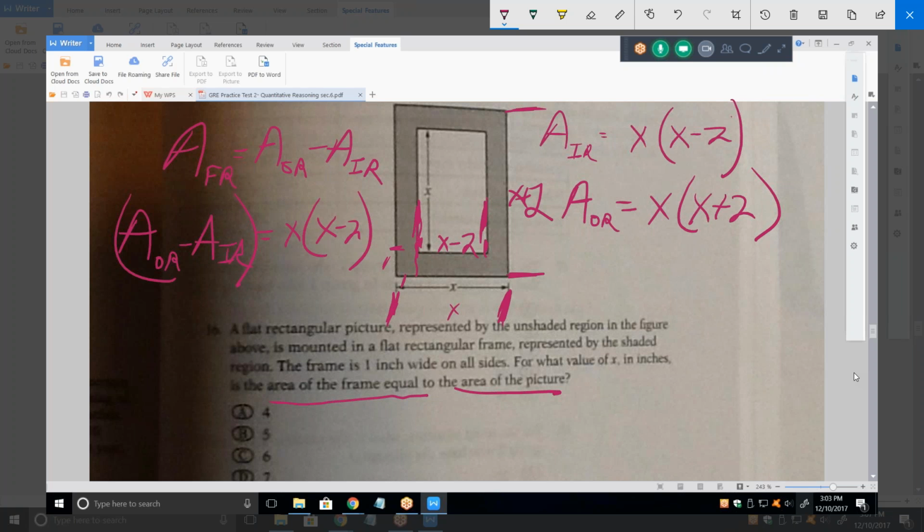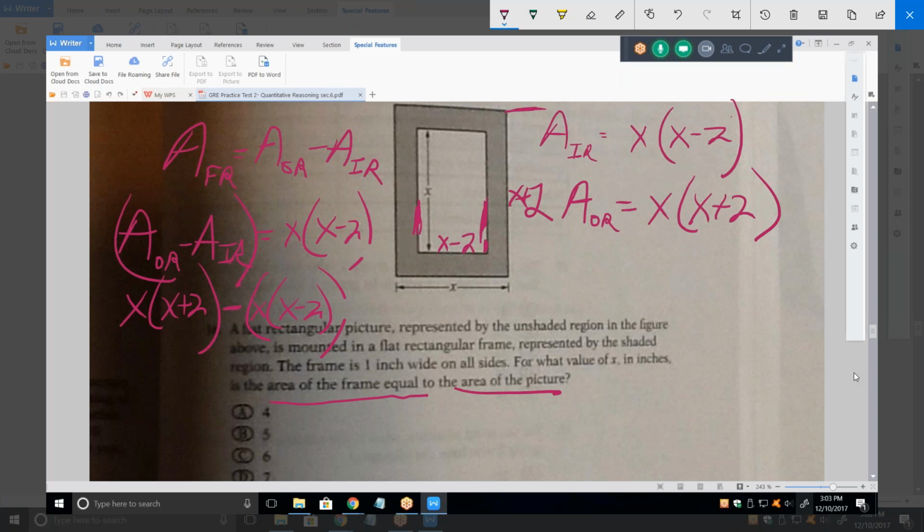Okay. Now, let's plug everything we know in. The area of the outside rectangle is x times x plus 2. The area of the inside rectangle is x times x minus 2. Notice my use of parentheses. I want to make sure I don't make a mistake.